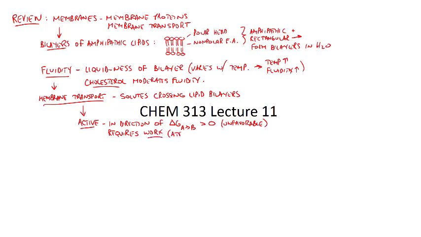That can either be supplied by ATP or by transit of something else with its gradient, in other words, along the direction in which its delta G is negative. And it usually involves transporter proteins or channels.